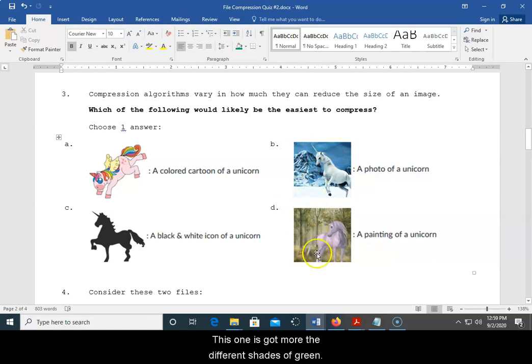This one has more different shades of green, the pinks, the darker pinks. So I think D would be the hardest. The unicorn would be the easiest. So your answer for 3 is C.